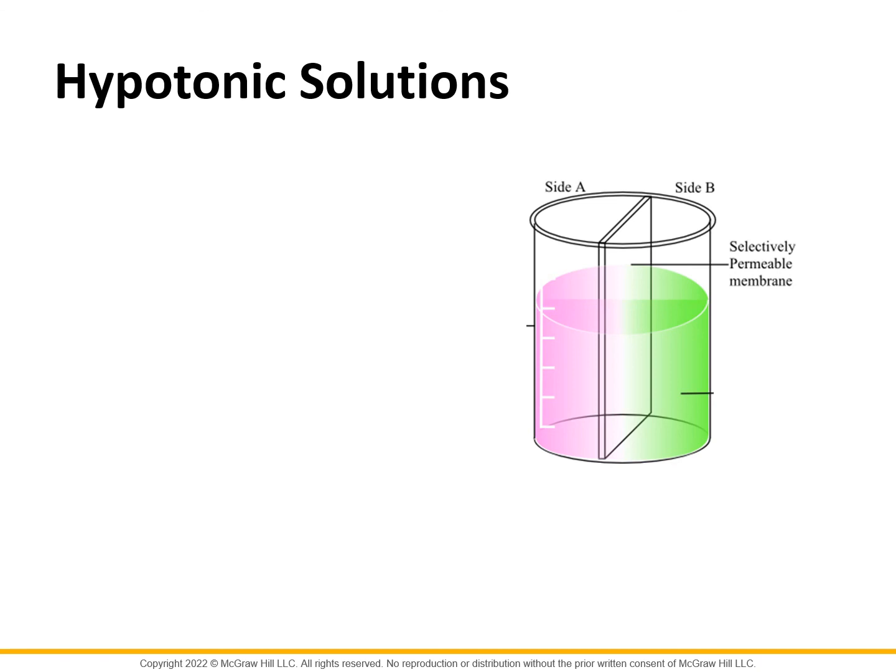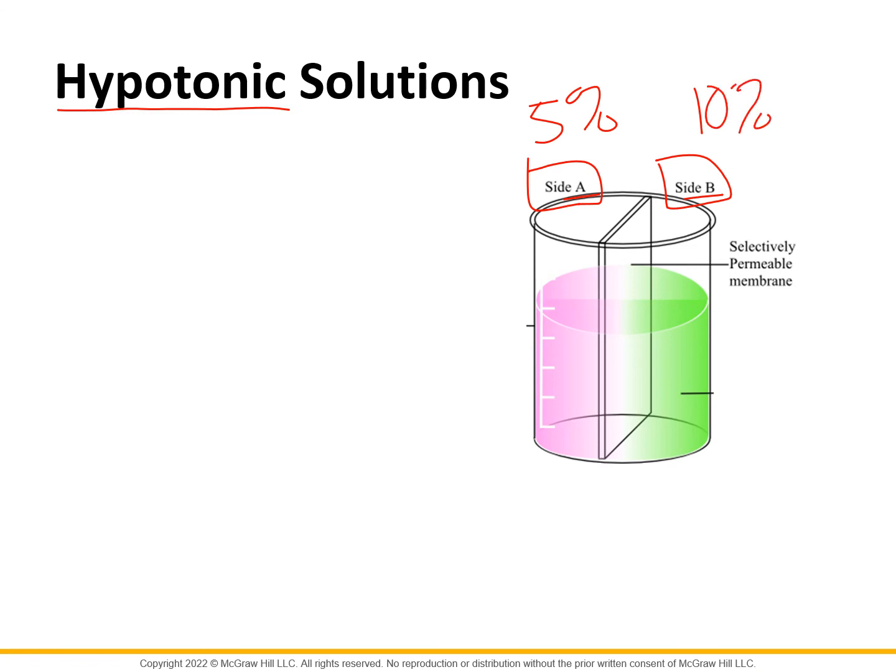So in this case, I want to describe the hypotonic solution. So remember, we're still comparing two solutions to each other, solution A and solution B, and now they are not equal in solute concentration. So they are not equal. So let's say side A is 5% solute and side B is 10% solute.